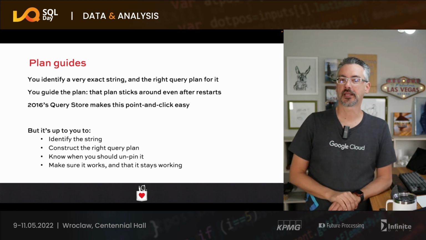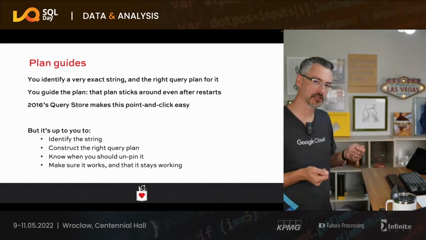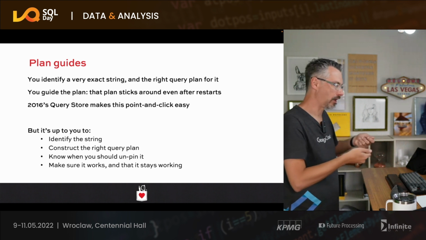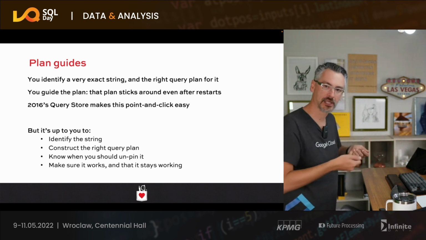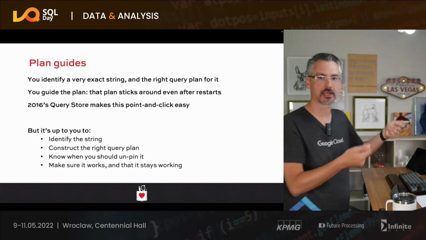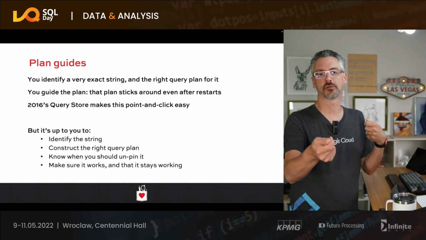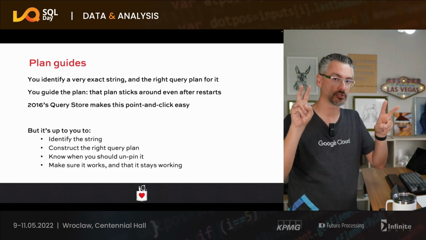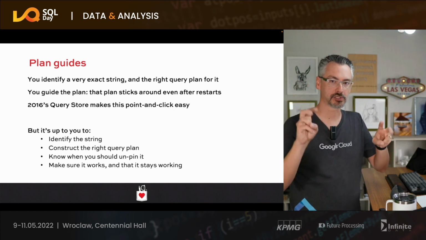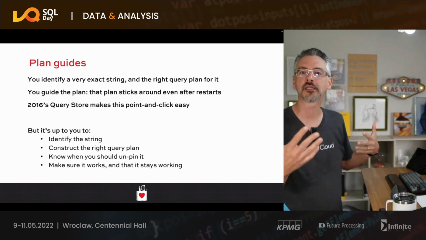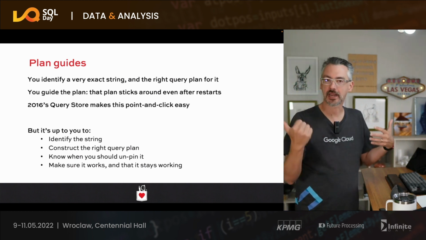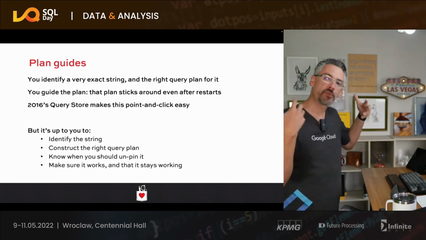Next solution is plan guides, where I get exactly the execution plan that I want, and I leave it behind as a hint for SQL Server. Plan guide hints are kind of like hints that your partner gives you. It's like, you should probably check out the trash, or the trash is starting to smell. It's not really a hint, it's a command for you to go get down there and take out the trash. A plan guide works the same way. It's kind of a hint to SQL Server.